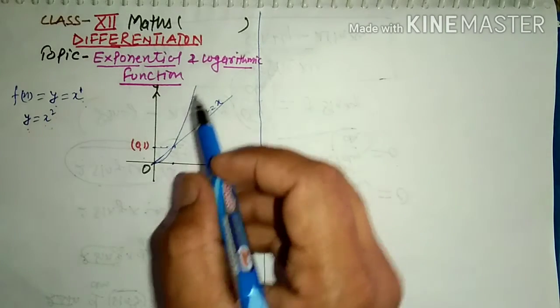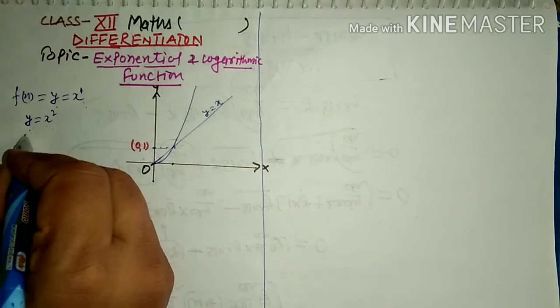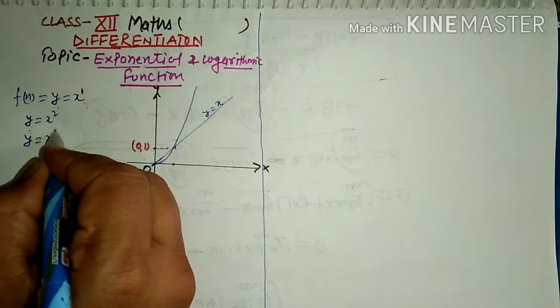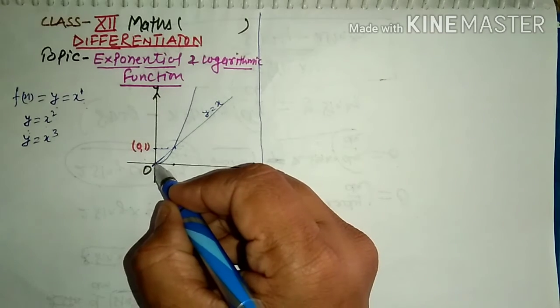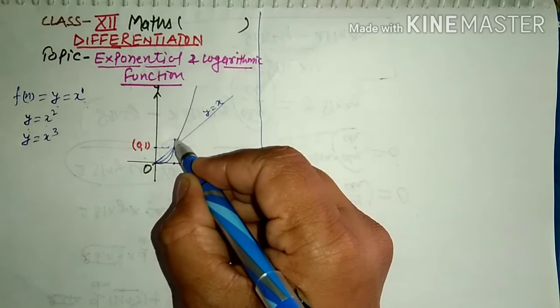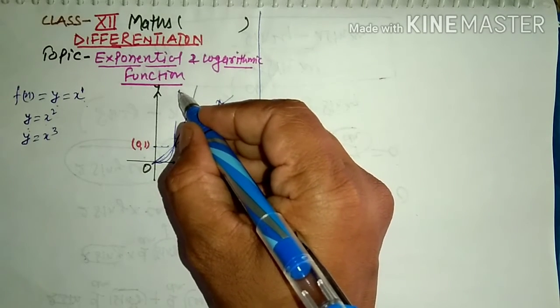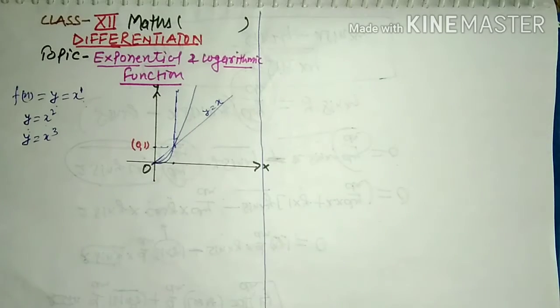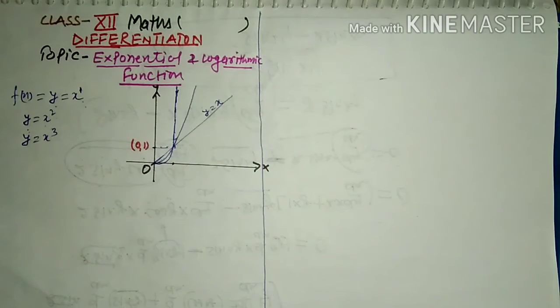ये ग्राफ थोड़ा सा स्टीपर हो गया y की तरफ. क्लियर? Next, if we take y is equal to x cube, again I will see, if I take y is equal to x cube, you will see it is more steeper than the previous one. पहले वाले से ज़्यादा स्टीपर हो गया, मीन्स और ज़्यादा मूव हो गया.